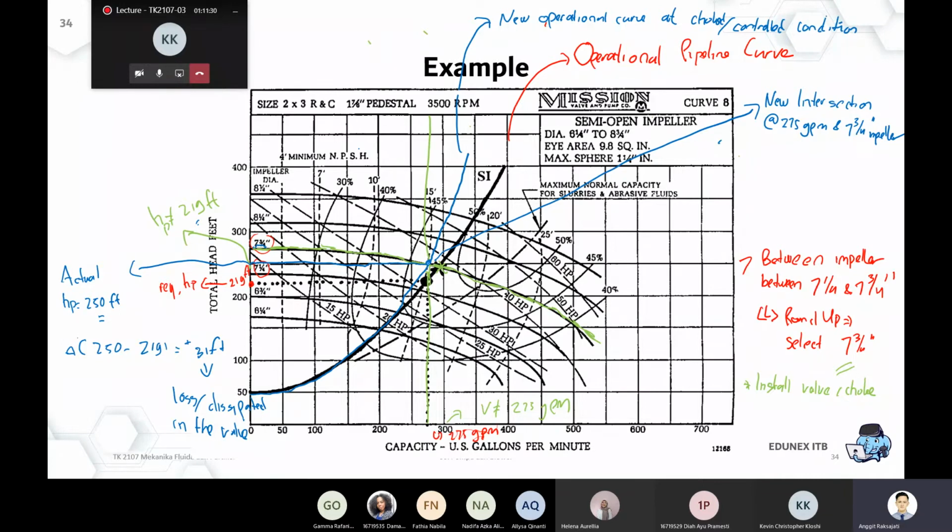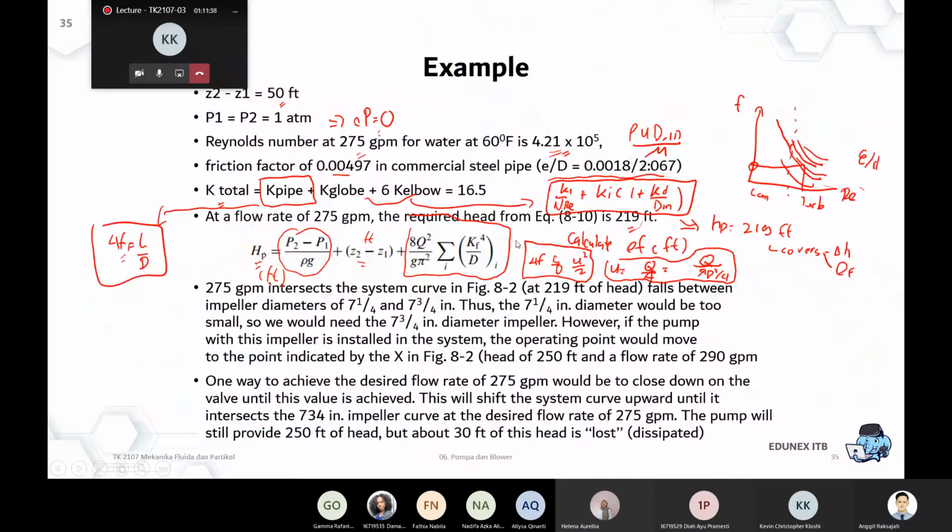So now the intersection really matches the operational curve. I think it's the same explanation: the dissipation of about 30 feet, because you still generate 250 feet from the pump itself.